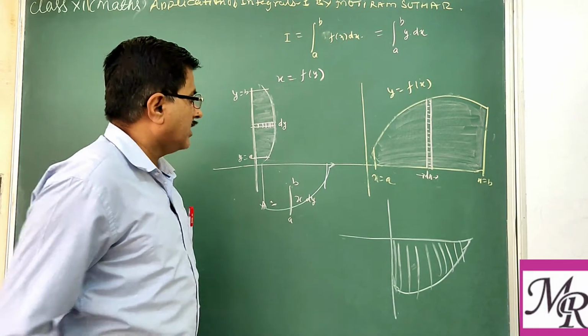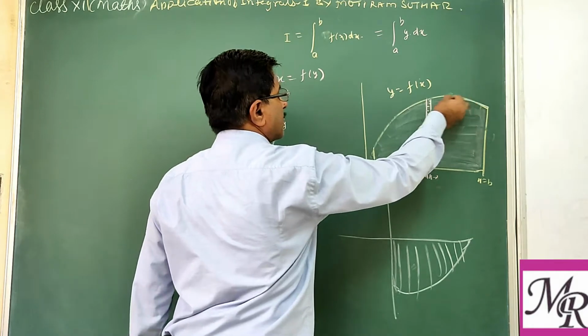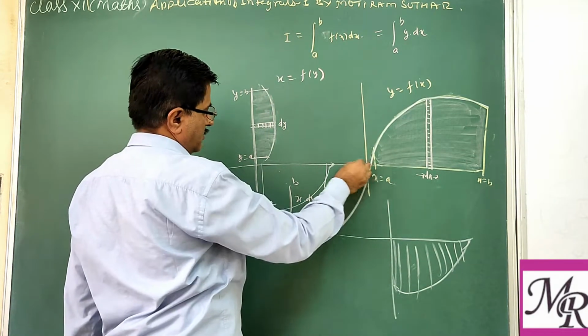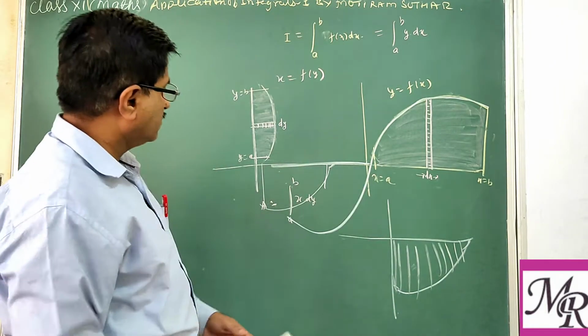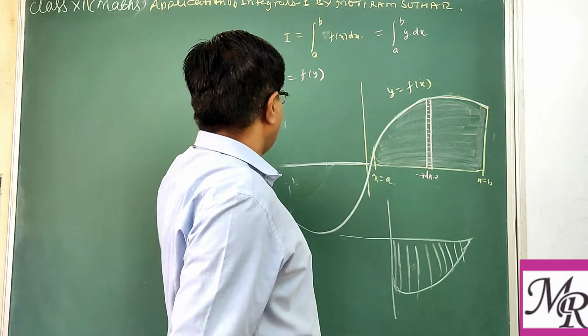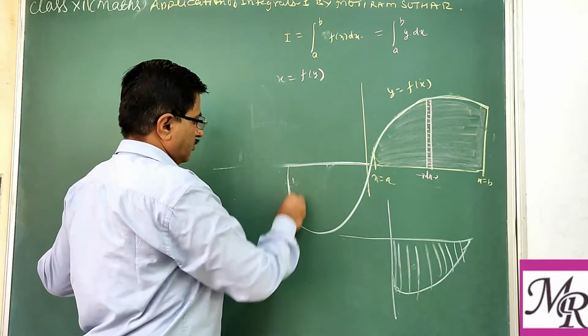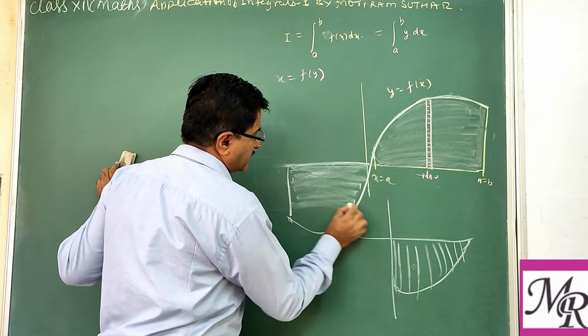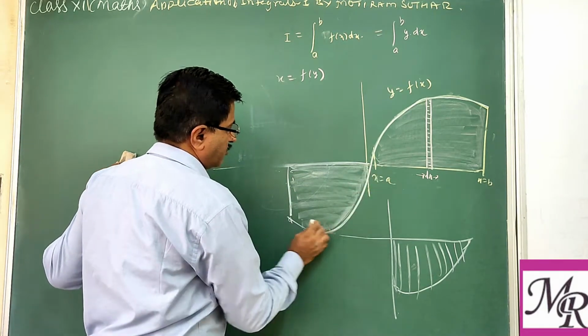Sometimes you get a figure like this, and here like this. When you see this type of figure, half the area is positive and half the area is negative. If you add, they will cancel out to 0, but that is not true.